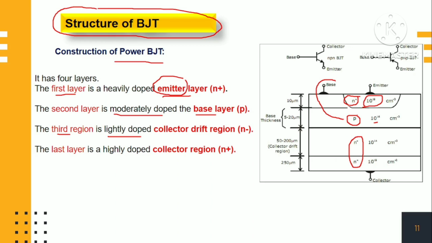So of course it is an NPN transistor, but the doping on the bottom side is different, N minus and N plus. N plus means heavily doped. As we know, the circuit symbols are the NPN transistor and the PNP transistor, which we know very well.